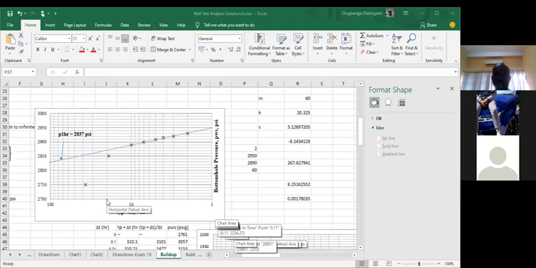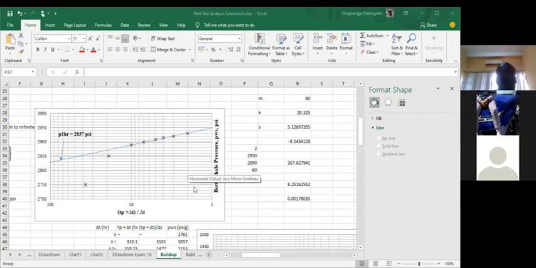The log cycle is not graduated equally. You see that it thins out. As I go from 1 to 10, the spacing between the lines gets smaller. So you can't just pick randomly.